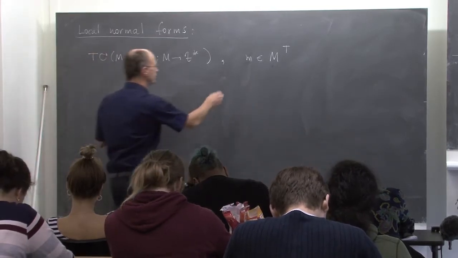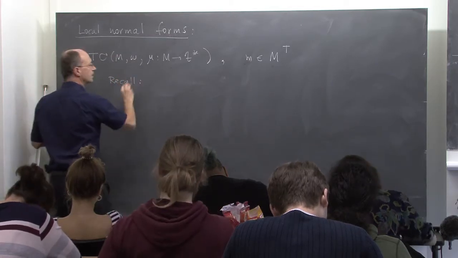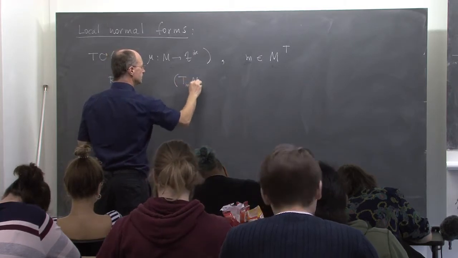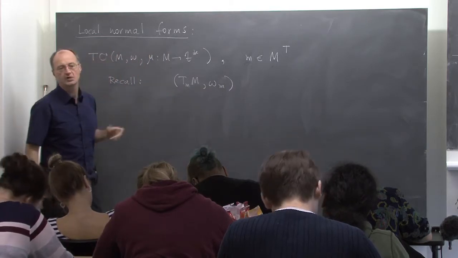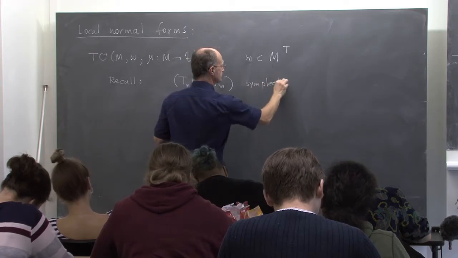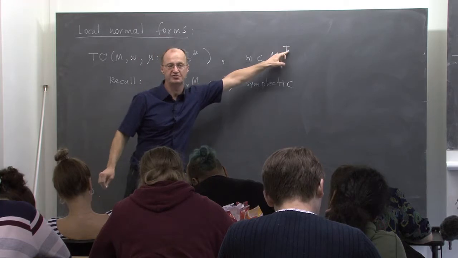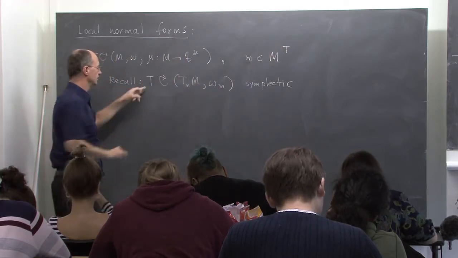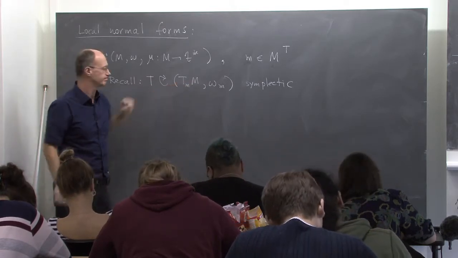So let me recall that the tangent space, actually at any point, is symplectic. But now we have this point is fixed under the T action, and this means that actually the torus naturally acts on the tangent space.